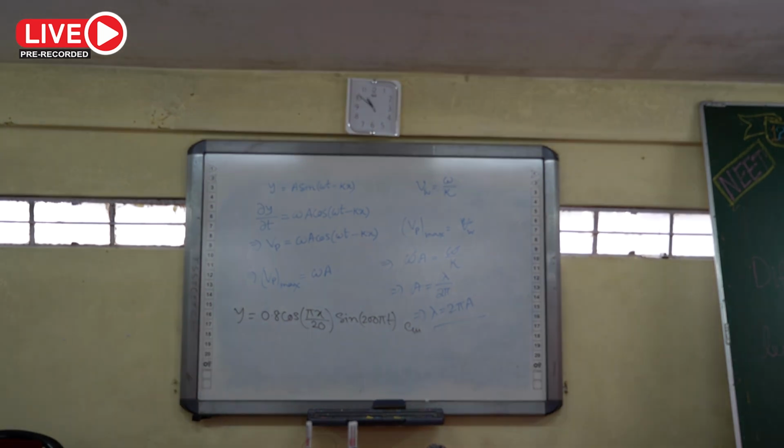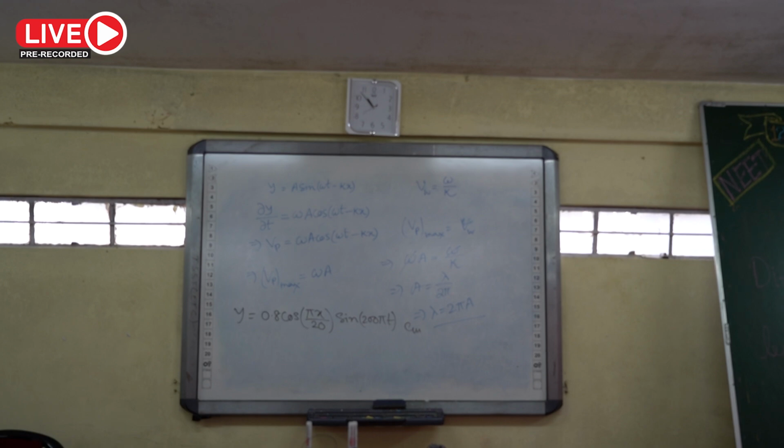See, what is the equation of a stationary wave? Check in your book, in your copy, in your class notes, wherever, and tell me only the equation of a stationary wave.